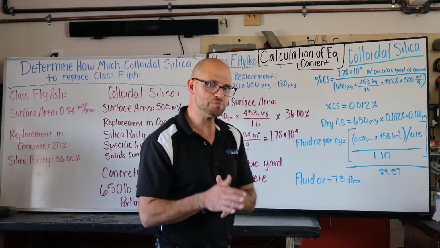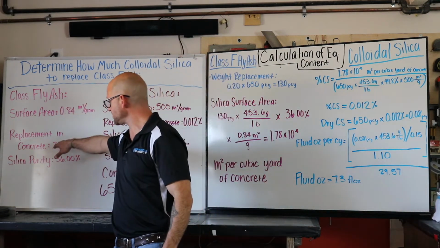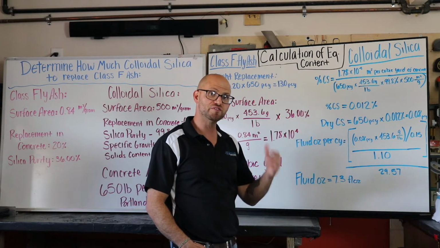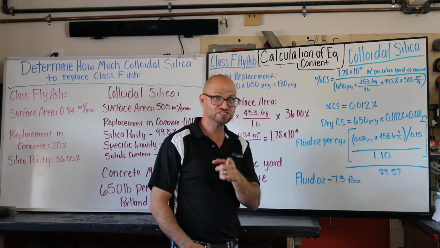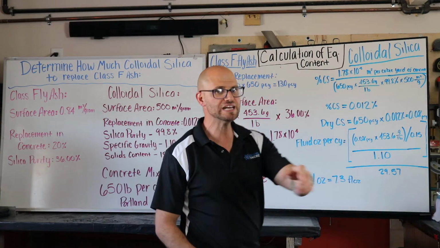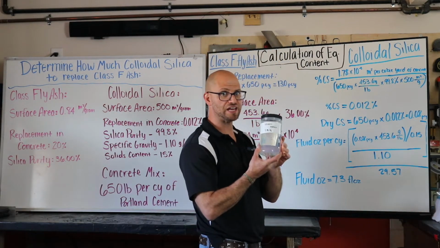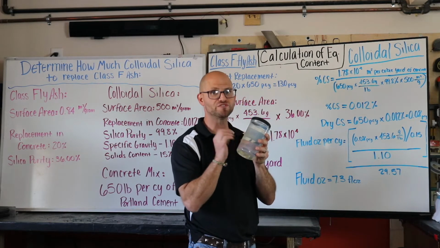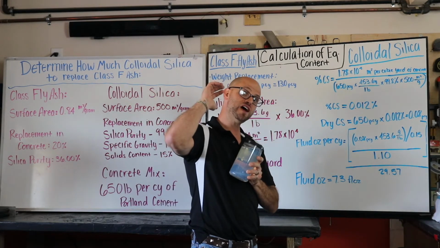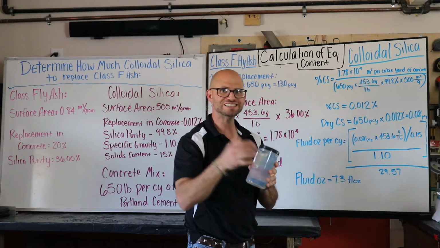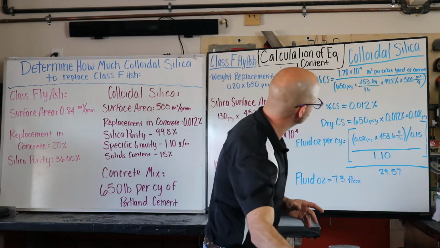So to get the same surface area that you would get from 20% fly ash, you would need 0.012% of this colloidal silica. Now here's the catch. We don't sell our nanosilica particles in a universal dispersion in a dry form. They're sold in a liquid form. So we have to figure out what that dry form looks like in a liquid form, because that's how we get it into the back of the truck.